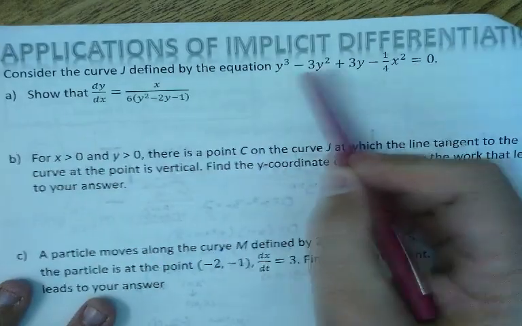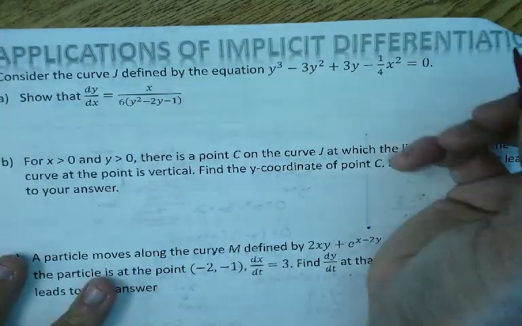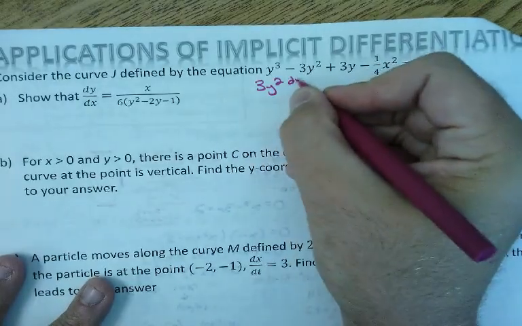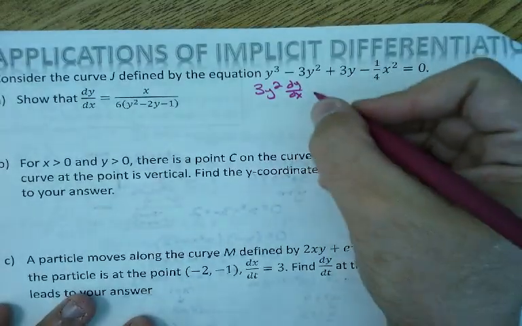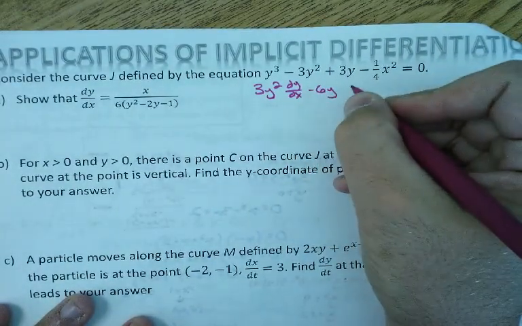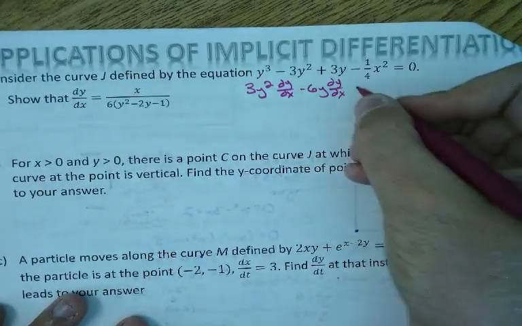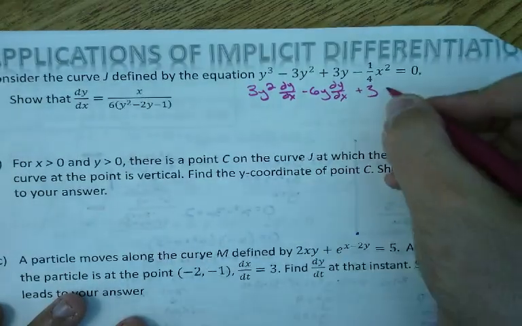So let's go ahead and take the derivative of this up here. When I take this derivative, the first term becomes 3y squared, times dy over dx. Second term becomes minus 6y, times dy over dx. Plus 3, times dy over dx.